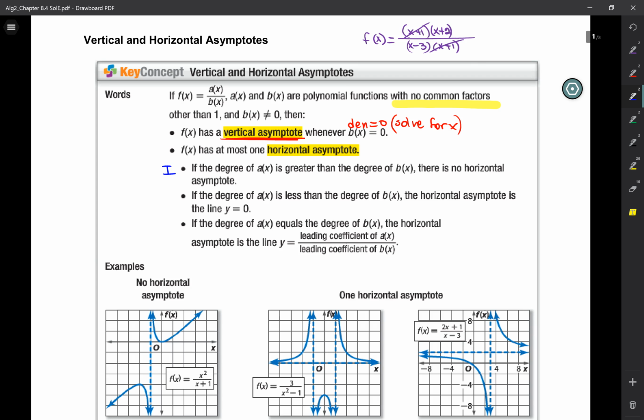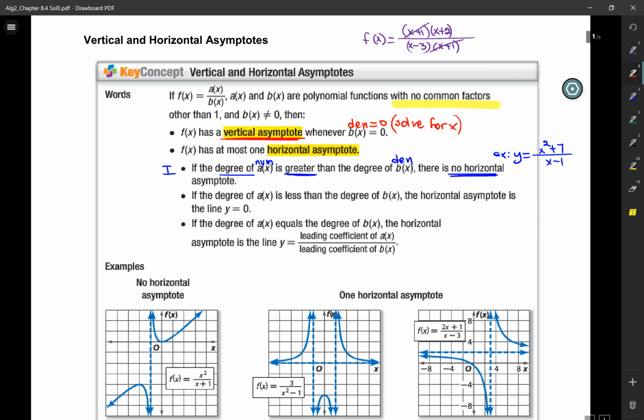Okay, so if the degree, the highest exponent, of the numerator is greater than the degree of the denominator, then there is no horizontal asymptote. So for example, if you have y equals x squared plus 7 over x minus 1, the degree in the numerator is greater, there is no horizontal asymptote. It's just as simple as that.